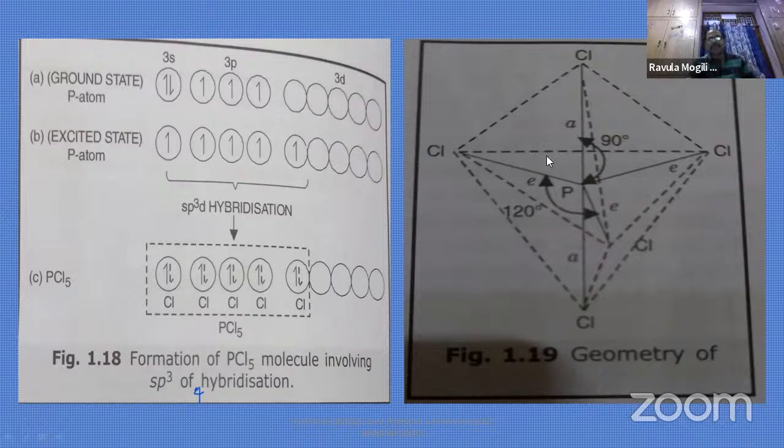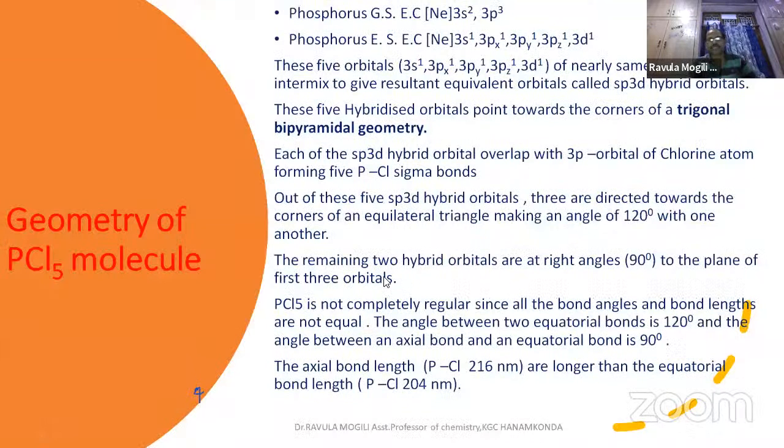So this is one of the important questions regarding trigonal bipyramidal phosphorus pentachloride. Phosphorus pentachloride, what type of hybridization? sp3d hybridization. Whenever it is sp3d hybridization, it is a trigonal bipyramidal shape.